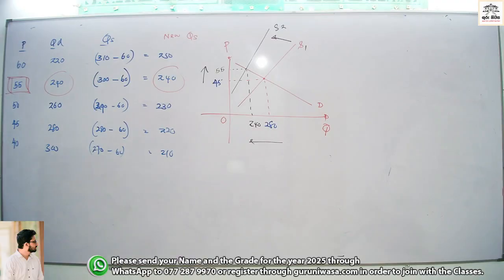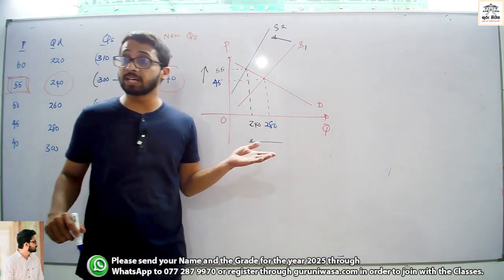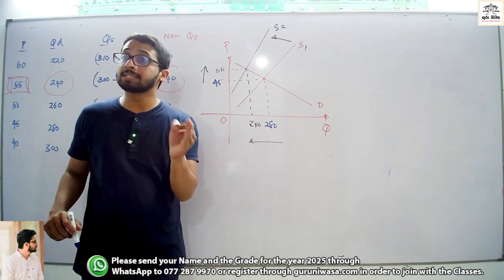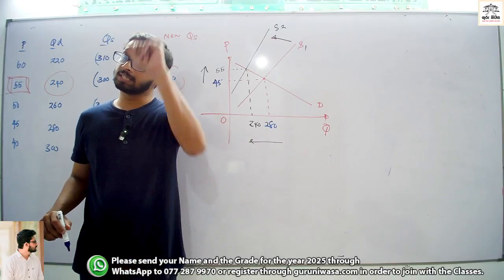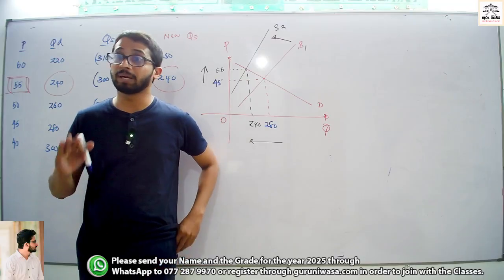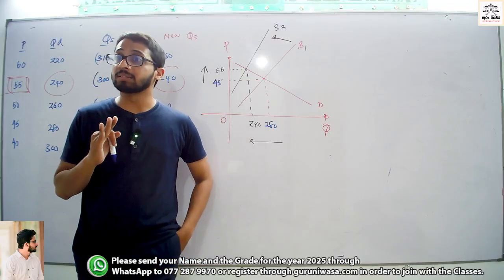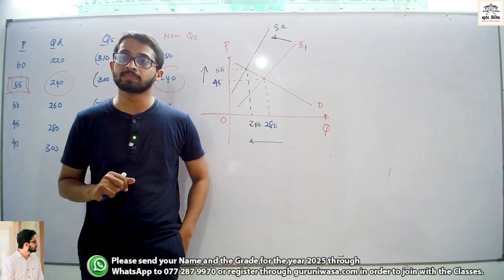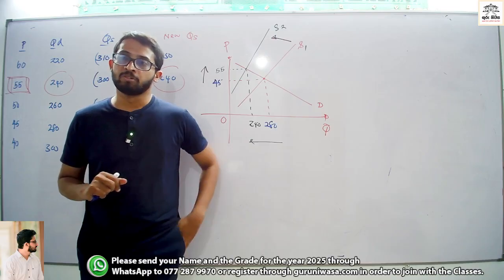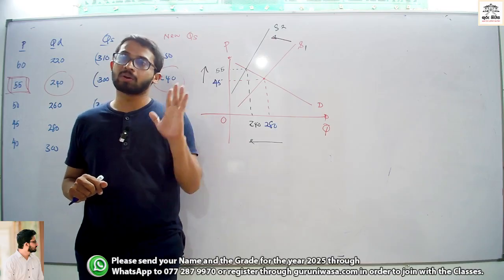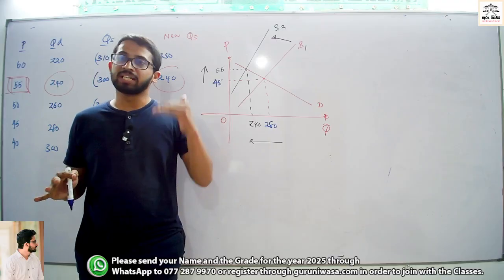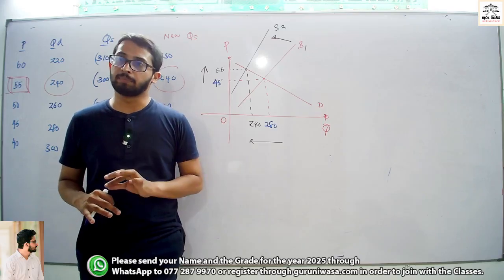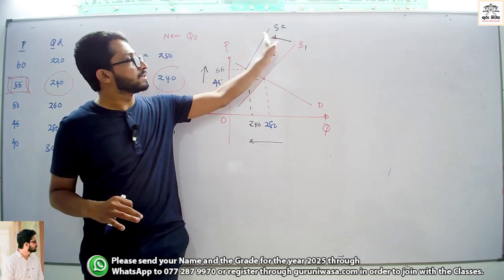What is the reason, Lamai? Why has the supply curve shifted to the left side? The reason is, Lamai, supply has decreased. Supply is decreased by a rise in transport cost. Can you remember, Lamai? One of the main factors affecting supply is cost of production. Cost of inputs. When the cost of inputs increases, or transport or anything, cost increases, suppliers reduce the supply, causing the supply curve to shift to the left side.